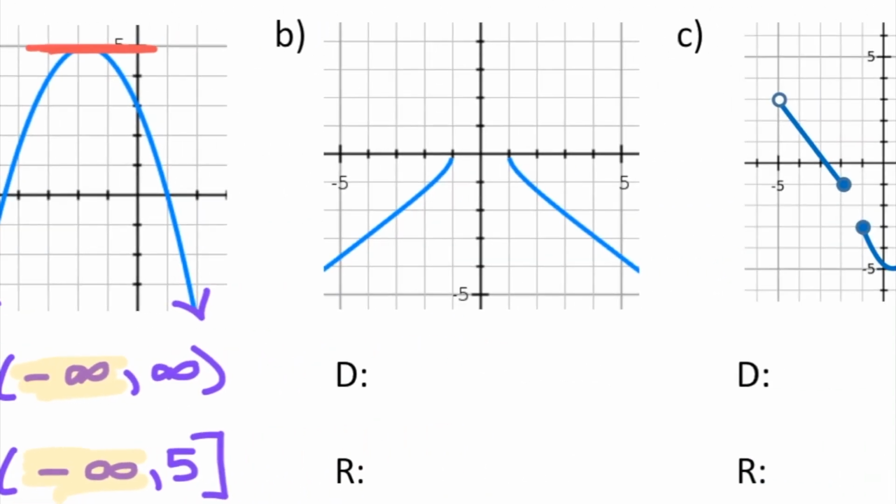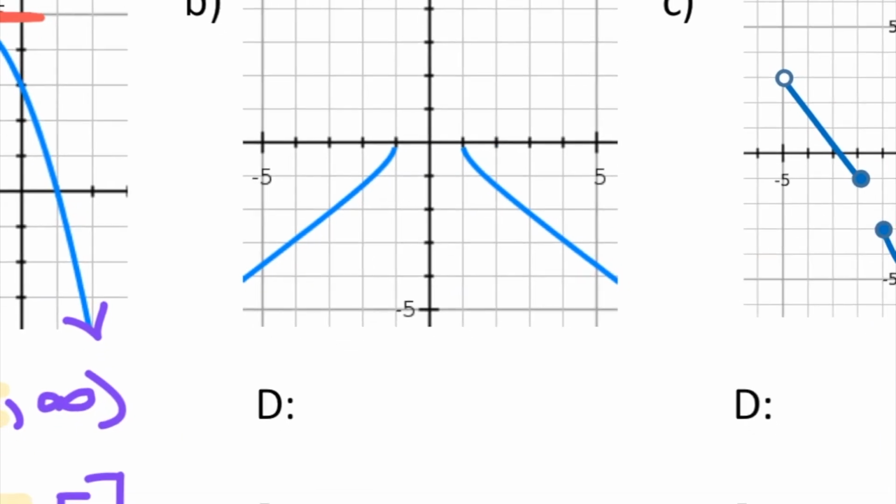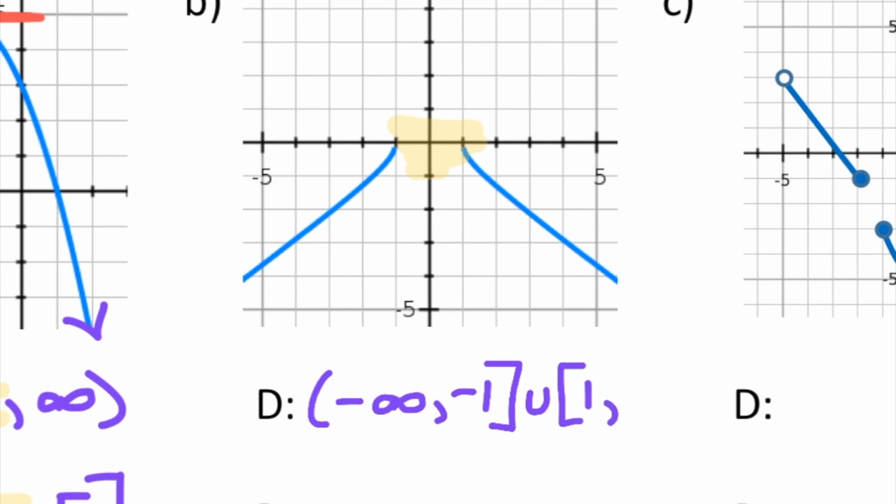In letter B, the domain has some x values missing in the graph right in here in the middle. And so the domain is going to be negative infinity to negative 1, and it touches negative 1. And then it starts up again at positive 1, including both negative 1 and positive 1, and goes to positive infinity.